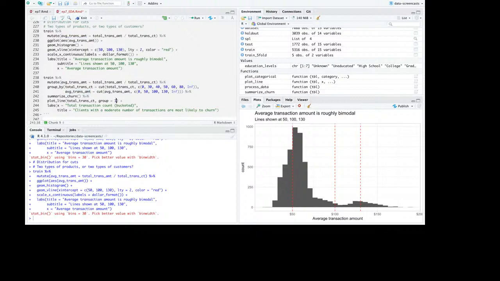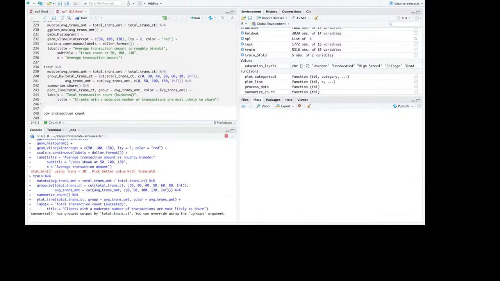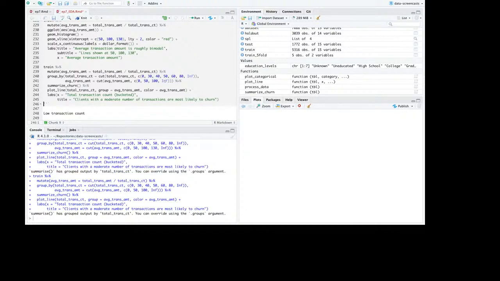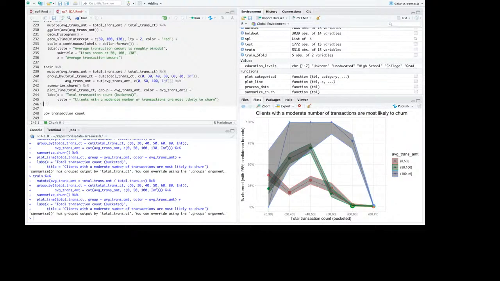And group equals this, color equals this. Too many break points because the 100, 130 is too many. This is still too many. So I'm going to try something else.